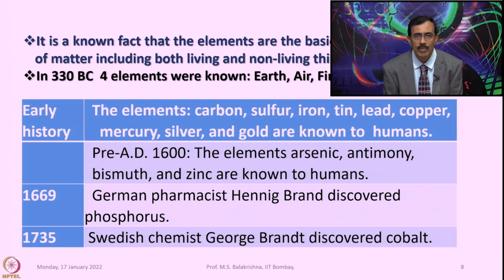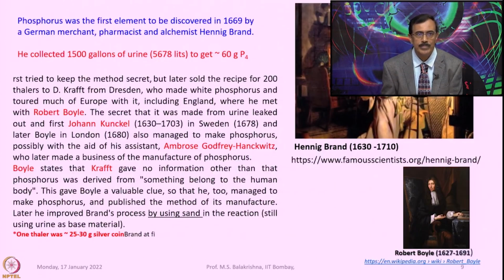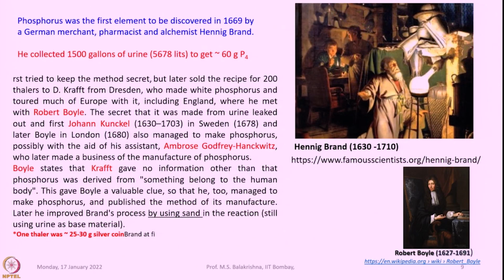In fact, the first element that was discovered was phosphorus, in 1669 by the German pharmacist Henning Brand. I shall tell you a little bit more after a couple of minutes. And in 1735 Swedish chemist George Brand discovered cobalt, and phosphorus was the first element to be discovered in 1669.